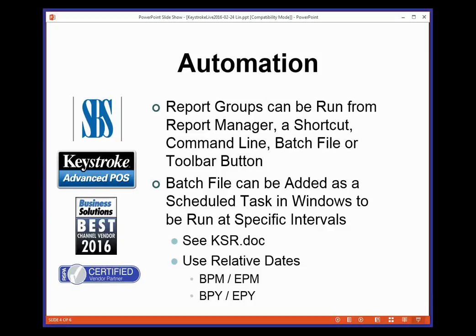Batch files can be added as a scheduled task in Windows to be run at specific times, and save reports to a certain place or print them to a certain printer. So you're always going to have them.